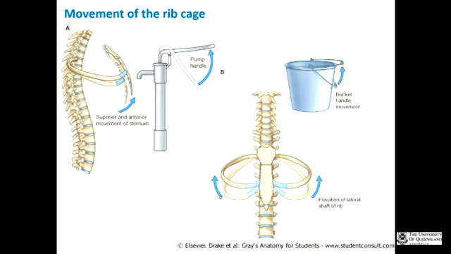As the ribs rotate, basically rotating by their articulations with the vertebral column, they're rotating both upward, and also it causes an expansion of the diameter, both in the lateral and the anterior-posterior direction, such that you increase the volume of the chest, and in so doing create a bit of a negative pressure as the lungs are expanding as well, because they're attached via the pleurae to the internal walls of the chest.